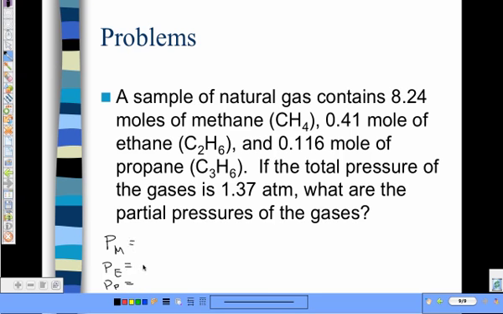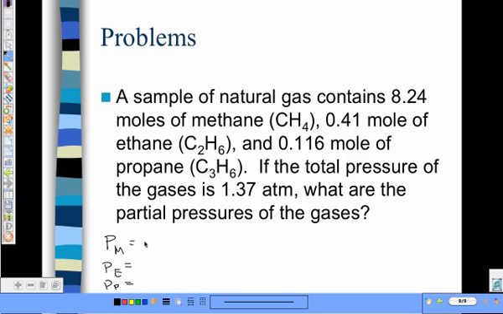So what's your partial pressure of methane? Oh, you're not there yet. Okay. I got 1.3.